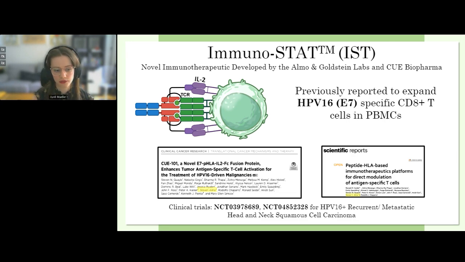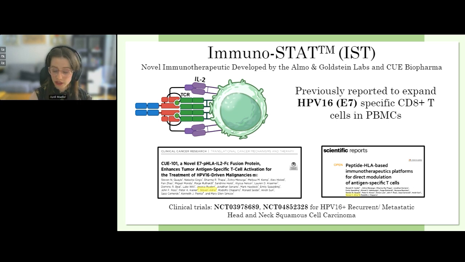Additionally, collaborators have reported the expansion of HPV-16 specific CD8 T cells, which is from HPV, the E7 antigen, using an affinity attenuated IL-2 co-modulator. And this is the product that's currently in clinical trials for head and neck squamous cell carcinoma due to HPV.